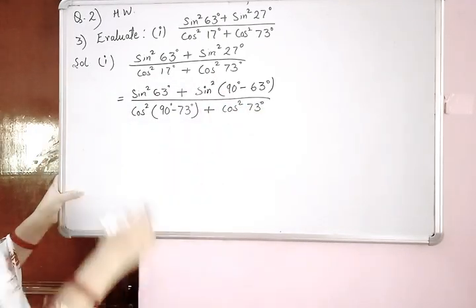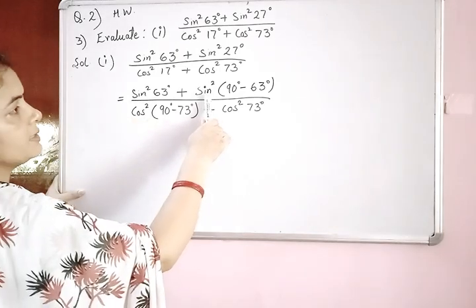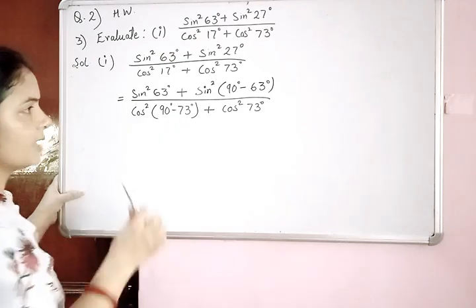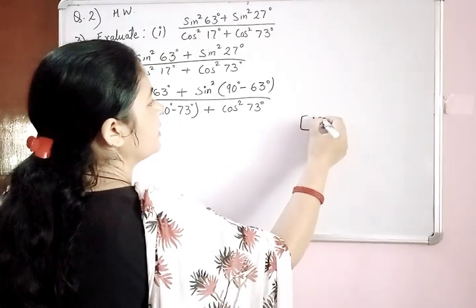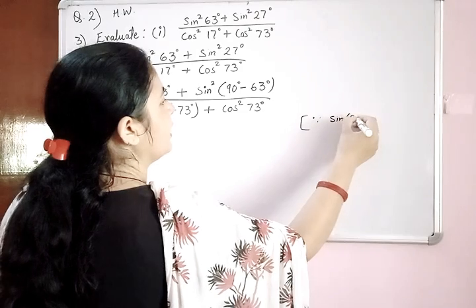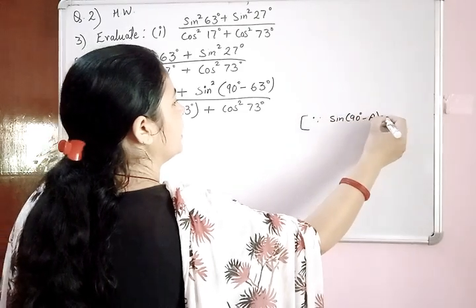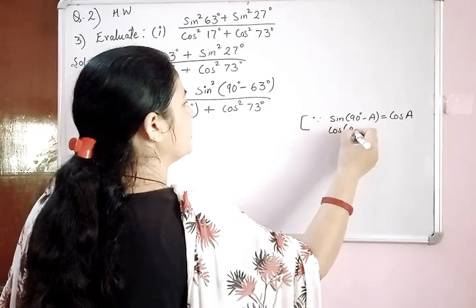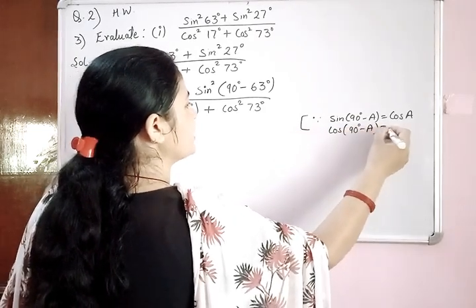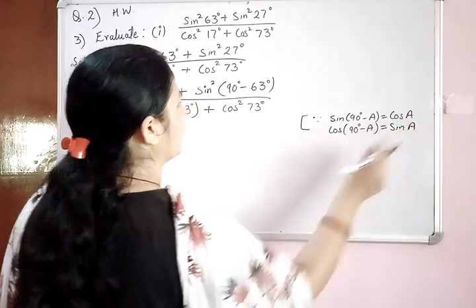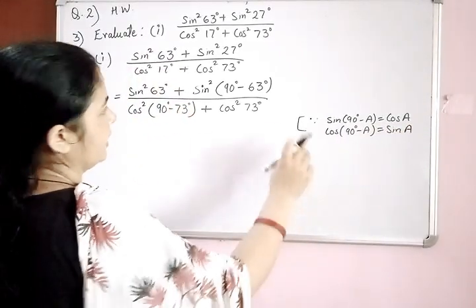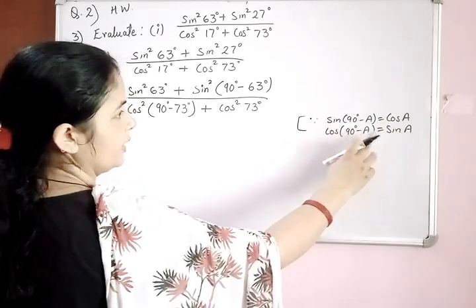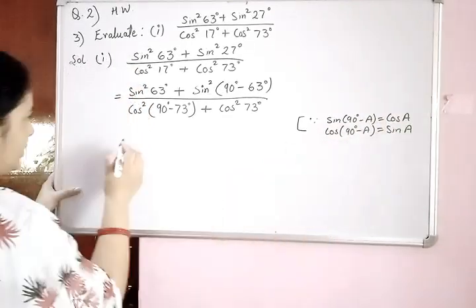Clear? Now since sine 90 minus a is cos a and cos 90 minus a is sine a, so here you can write, sine 90 degree minus a is equal to cos a and cos 90 degree minus a is equal to sine a. So sine square 90 degree minus a is equal to cos square a, and cos square 90 degree minus a is equal to sine square a.